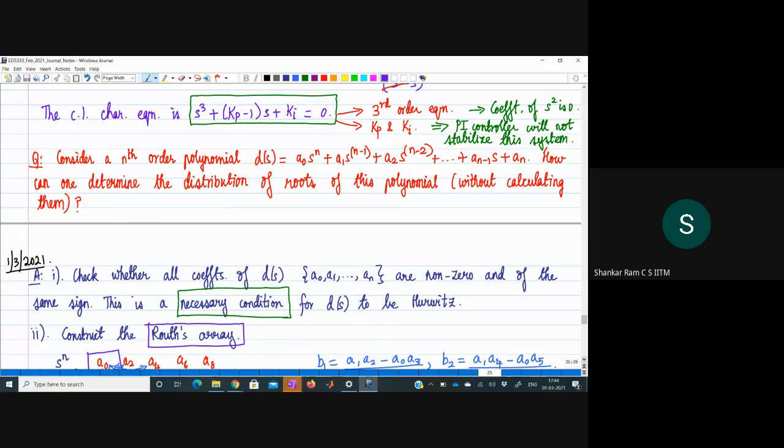When we have one coefficient to be 0, that means there is no way this polynomial will be Hurwitz. That means there is no value of KP and KI which will ensure that the corresponding closed loop system is stable. That's why we concluded that the PI controller will not be able to stabilize the given system. I hope that answers the question. Any other questions?